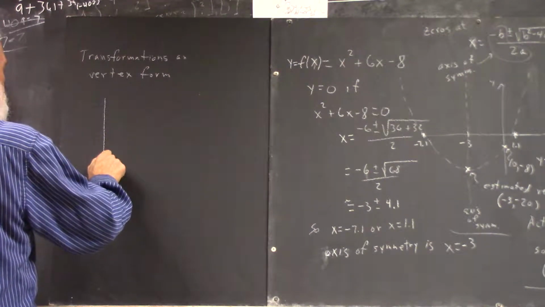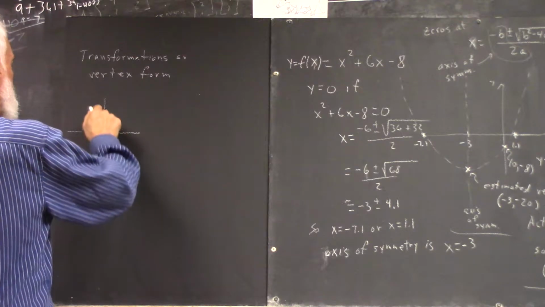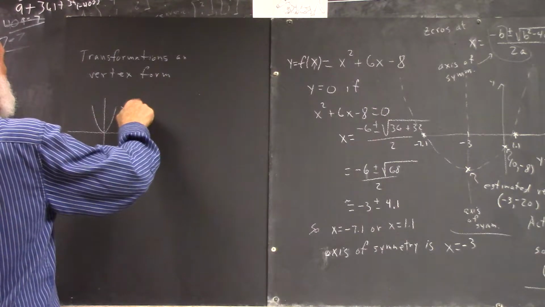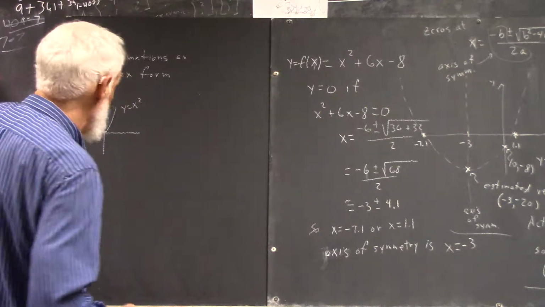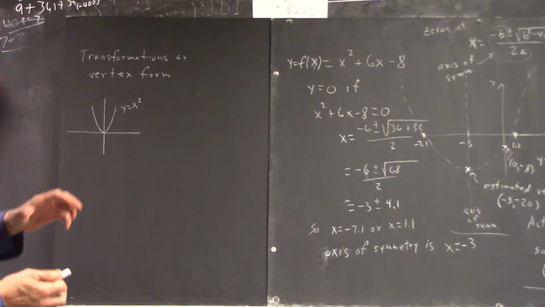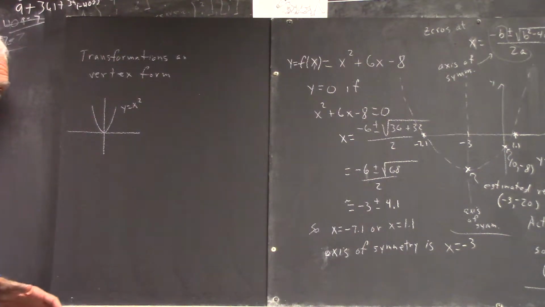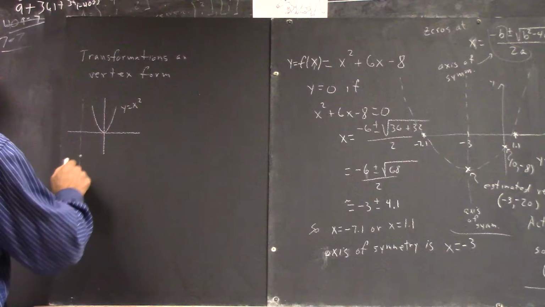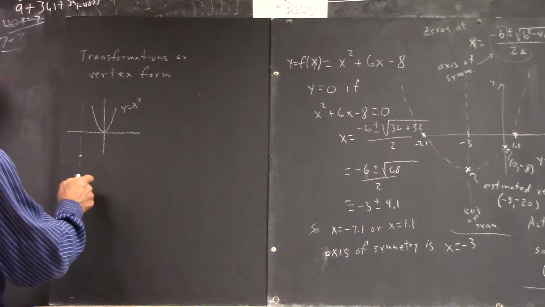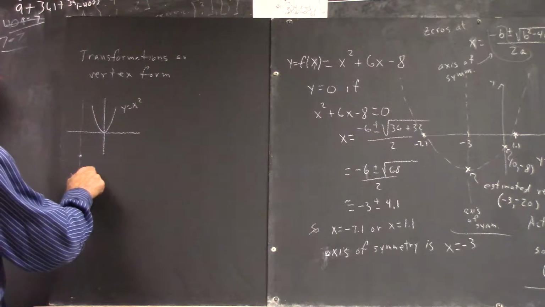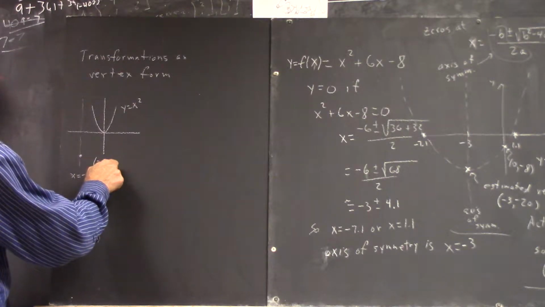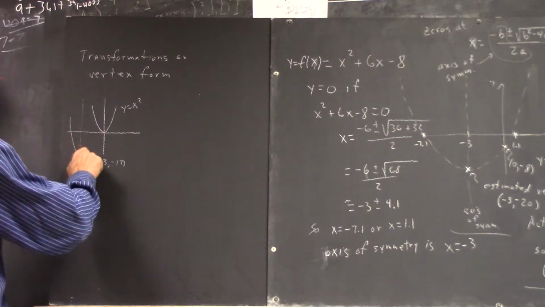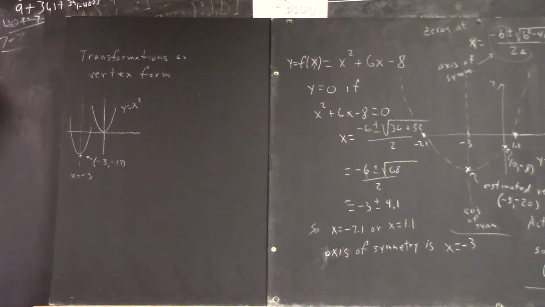Our picture is, we've got a graph of y equals x squared, and we want to transform it from a combination of vertical stretches and horizontal and vertical shifts to get the graph that we have here. Okay?